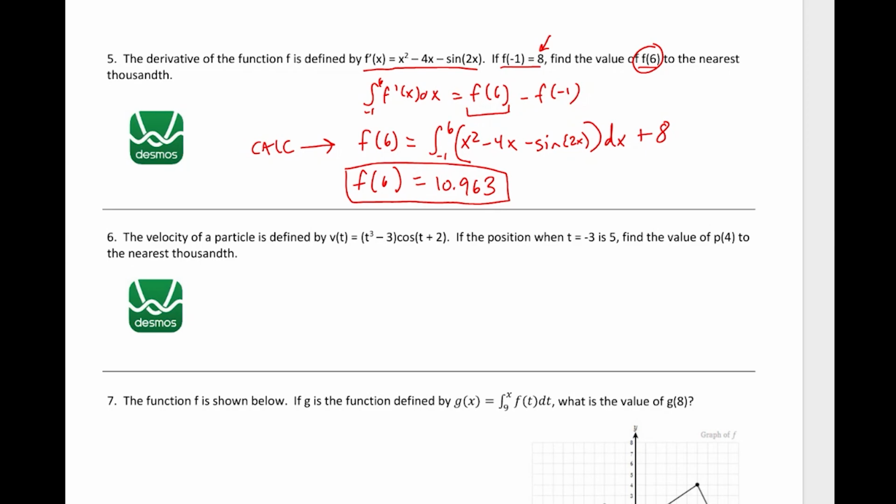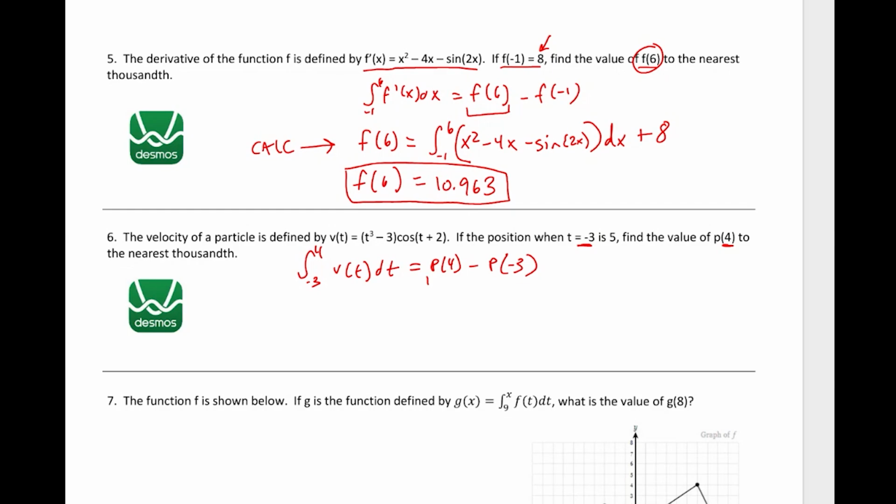So another fundamental theorem problem here, the integral of v of t from -3 to 4 is equal to, now velocity is the derivative of position. So this is going to equal the position at 4, position is the antiderivative of velocity, minus the position at -3.